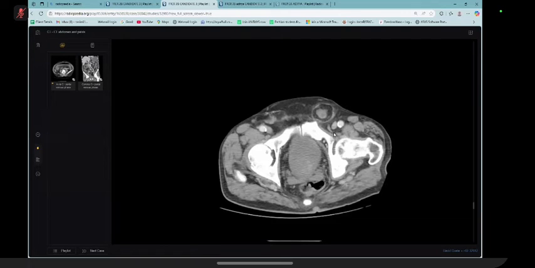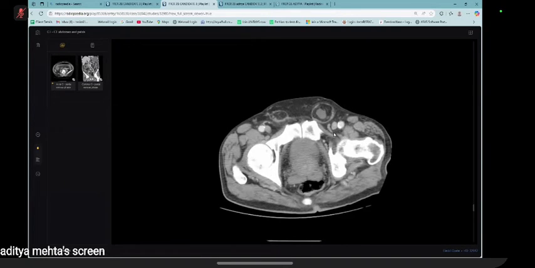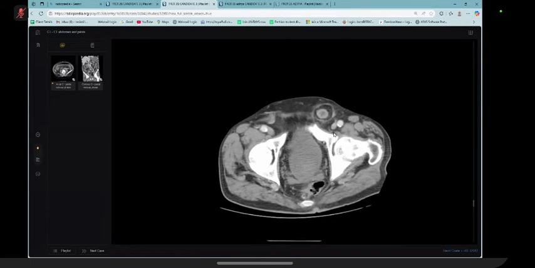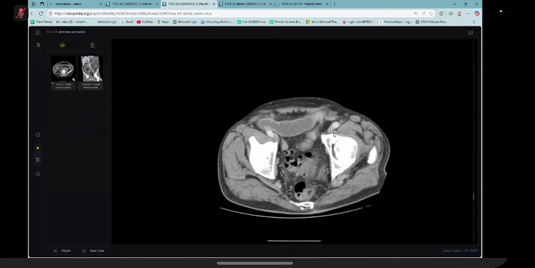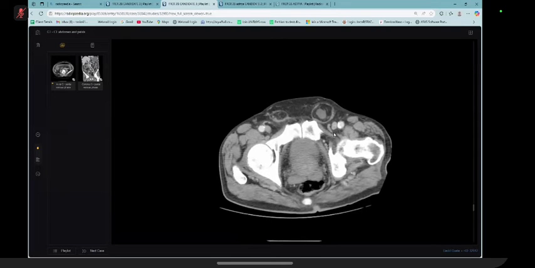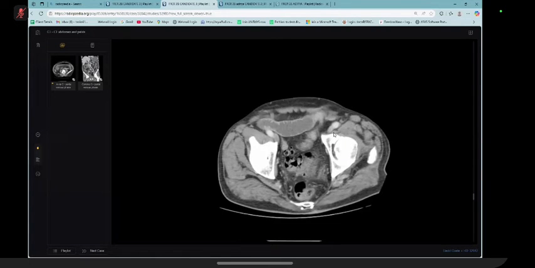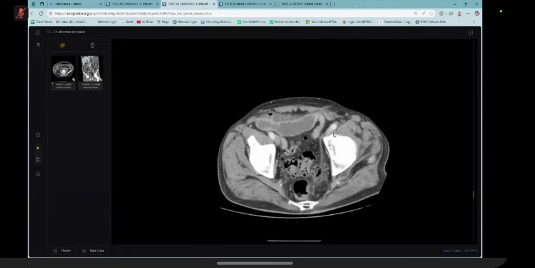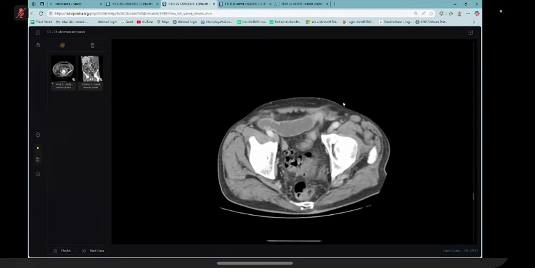The hernia is lateral to the pubic tubercle, so I believe that the hernia is a femoral hernia, a left femoral hernia. The hernial orifice does not show any evidence of free fluid or abnormal enhancement, so it's only incarcerated with no evidence of a strangulated hernia. And this is the transition point I can see here.